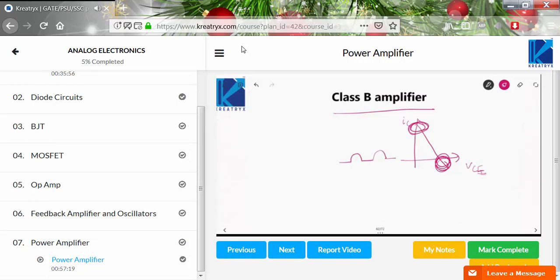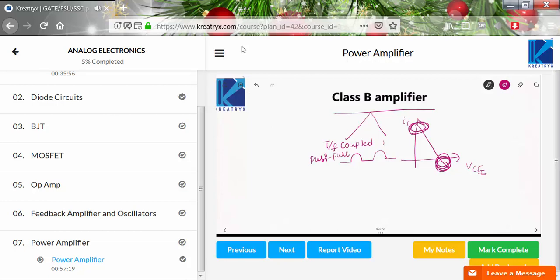To get the full sinusoidal, in class B power amplifier we use a push-pull amplifier. The class B power amplifiers can be classified into two types. One is transformer coupled push-pull amplifier.